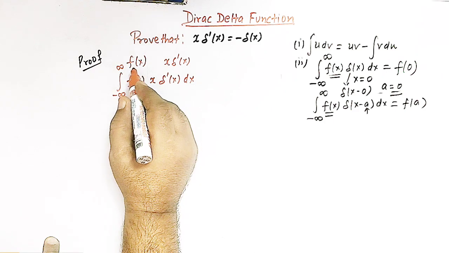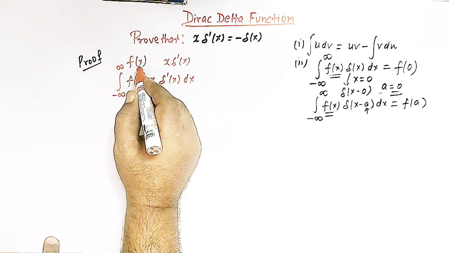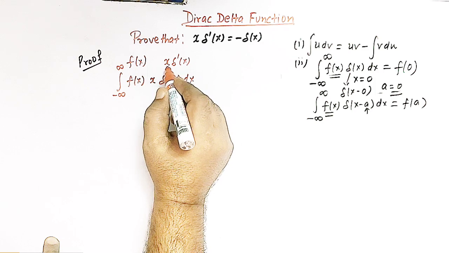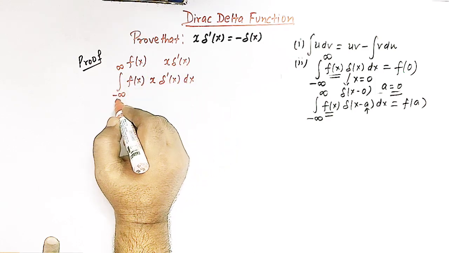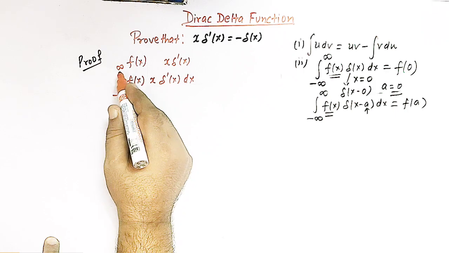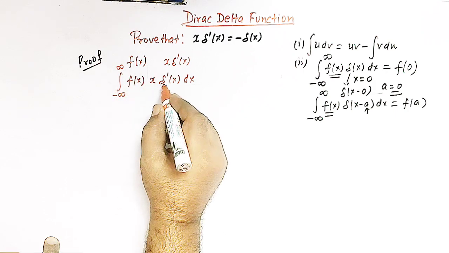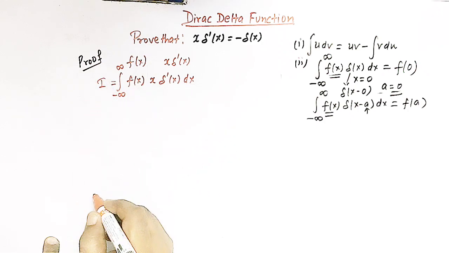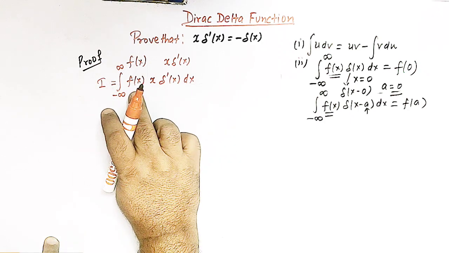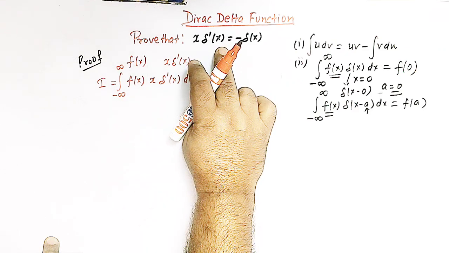So we are taking a test function f of x and another function x delta prime of x, and we form this integral. Let us call this integral I. Now we'll solve this integral to arrive at this property.